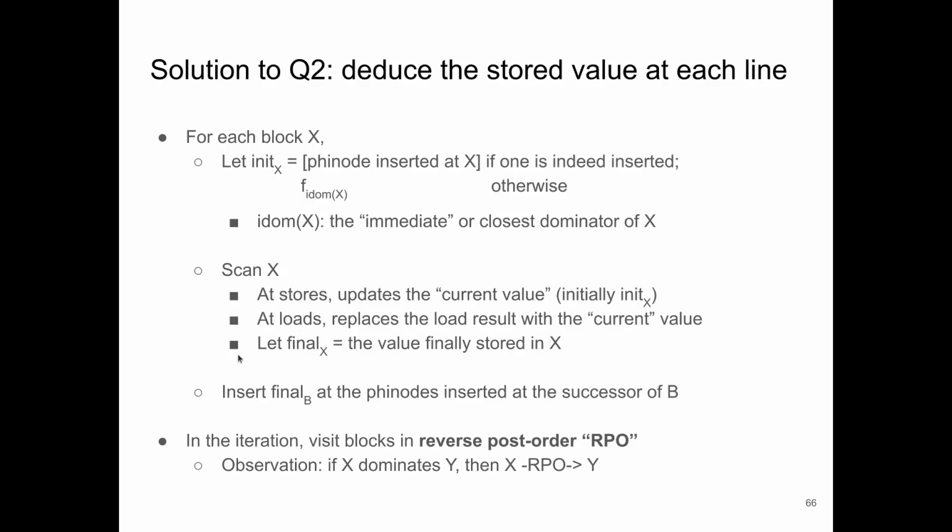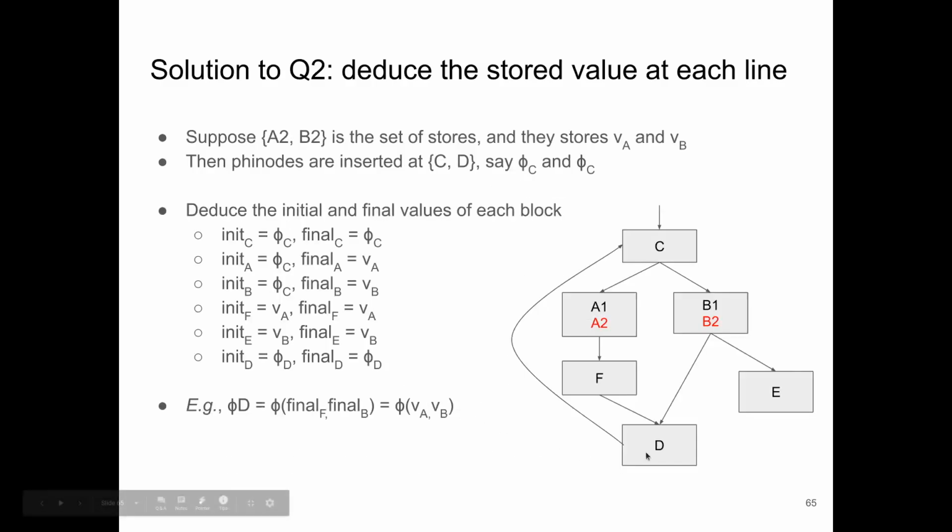And at the later stage of this algorithm, we are going to use this final x as the value that should be inserted in the phi. So for example, when you insert the phi node of D here, and its predecessors are F and B, you are going to use the final values of this F and B when you insert the phi node at this D here.